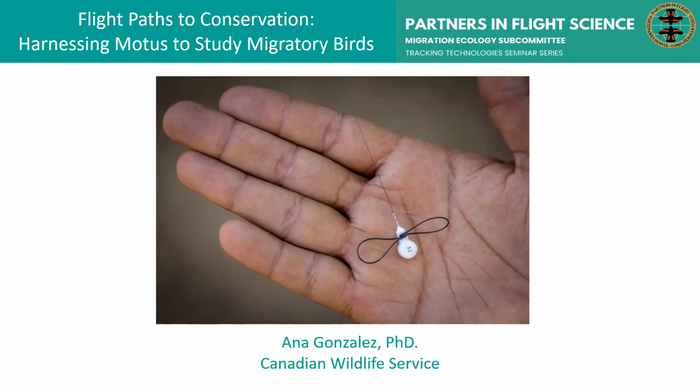Today, I want to show you the results of some projects in which we've used Motus, and I'm going to focus on how we can apply the information that we can gather with Motus to keep feeding the information for migratory birds and to be able to stop the decline in population in migratory birds.